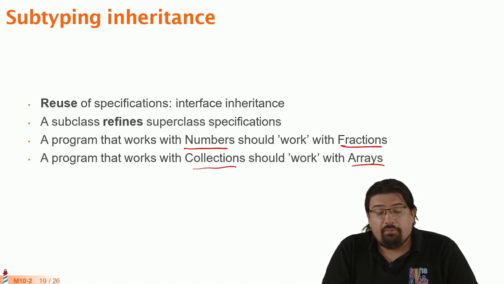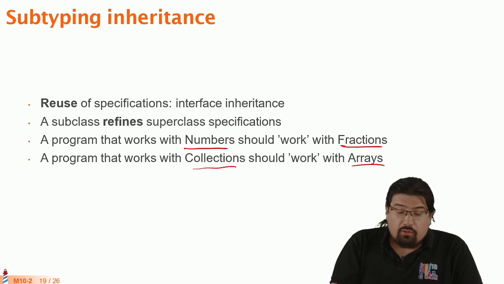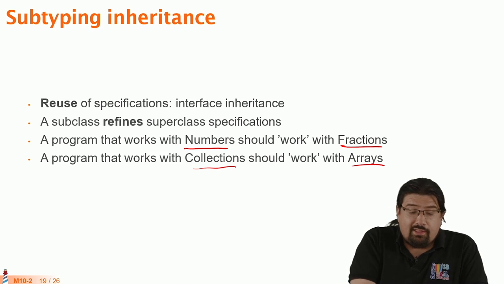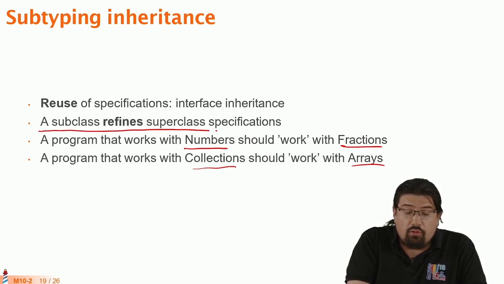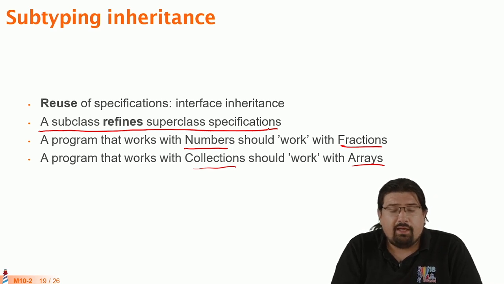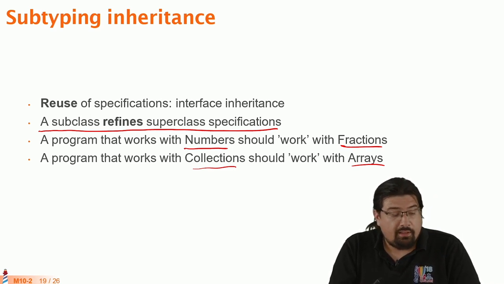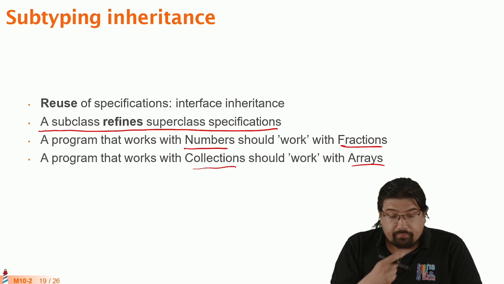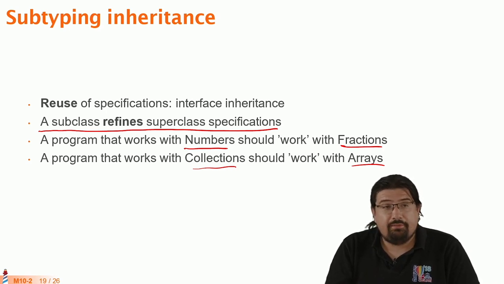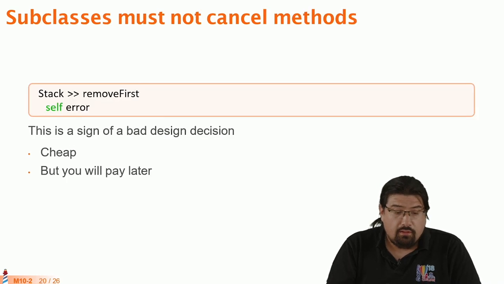The same happens with fractions. We have to use them in the context where we use numbers. So what we are always doing is that a subclass, from the subtyping point of view, always has to refine, be more specific than the one defined in the superclass.